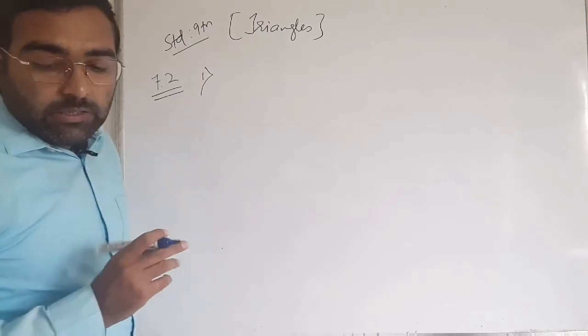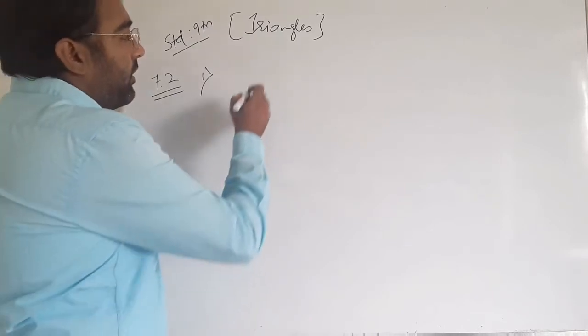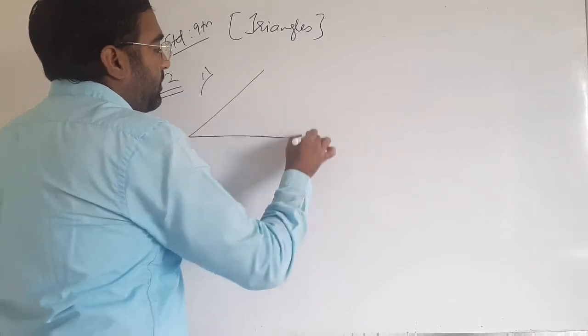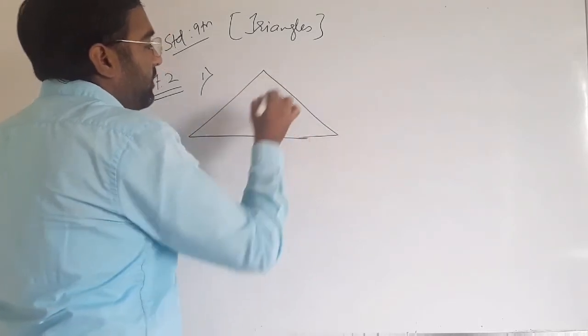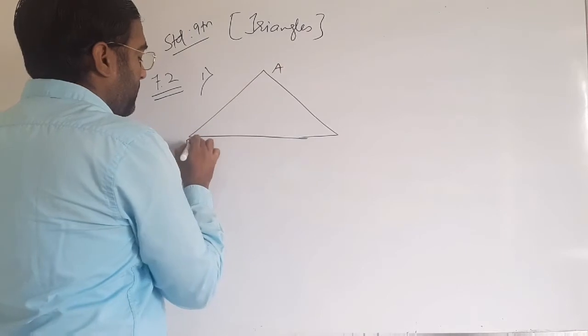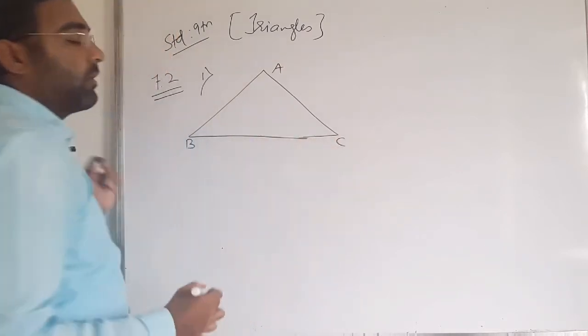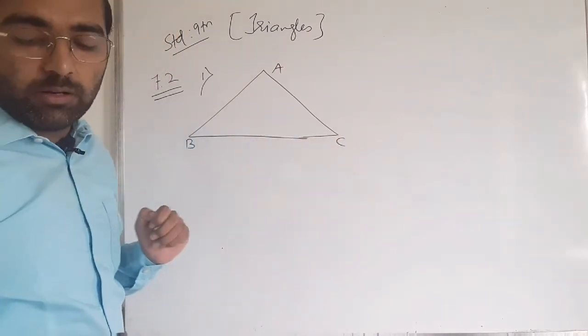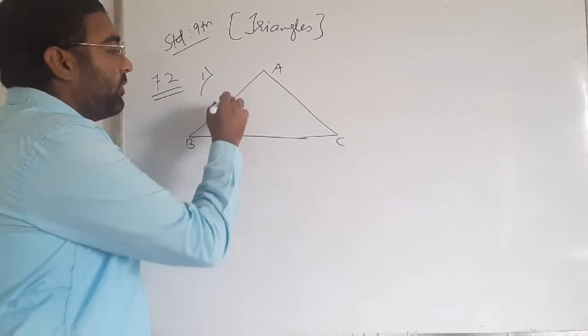Here it is given that we have an isosceles triangle where AB is equal to AC.